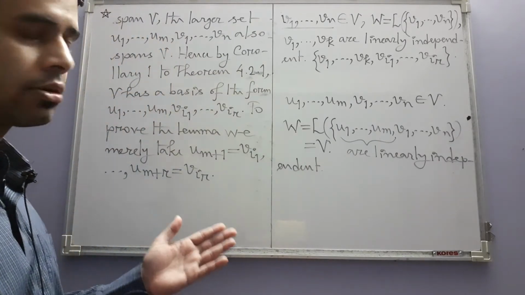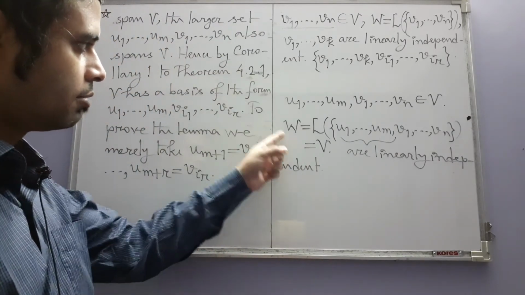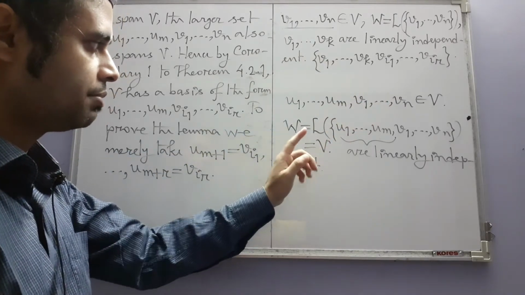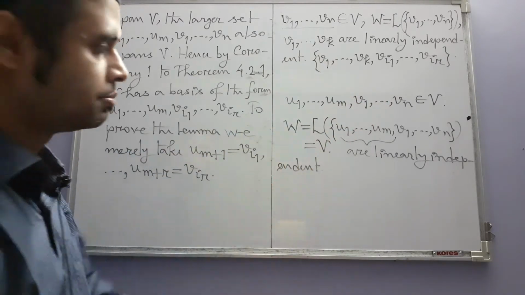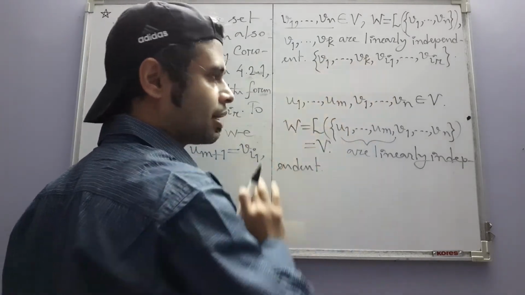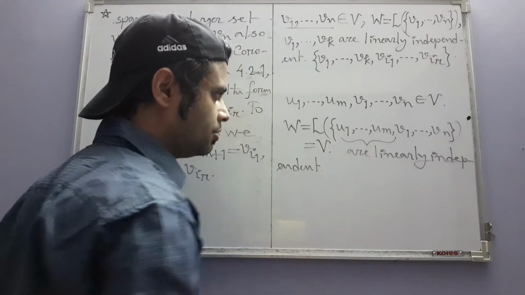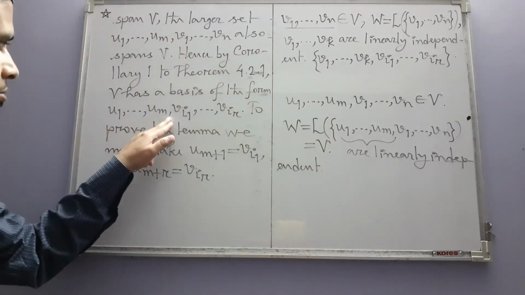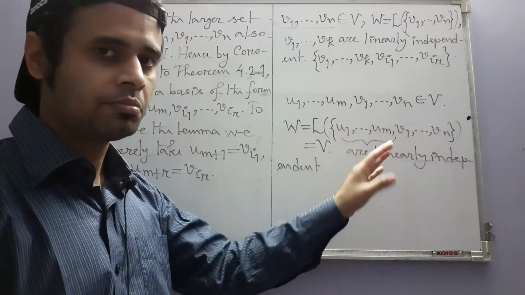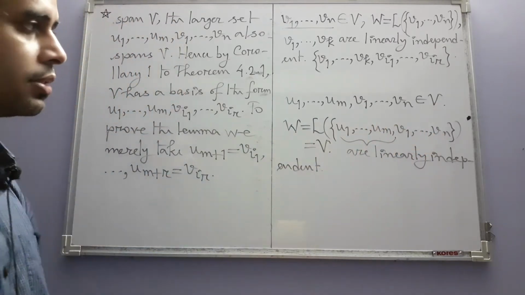So what the corollary says is that W will have a basis of this form. So that means our V will have a basis of what form? The first k linearly independent vectors must be in that basis. So the ui's are in the basis, and additionally possibly some other vectors.